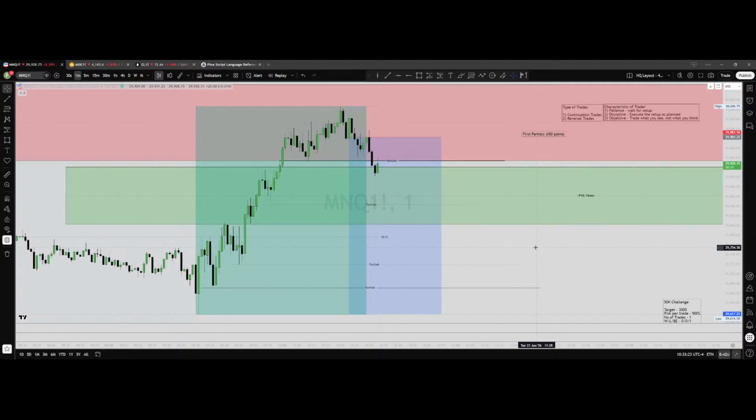It's all about probabilities. The higher time frame is a 4-hour fair value gap, so this will be much stronger. But looking at the momentum, this 15-minute fair value gap could continue. I'm still going to wait.